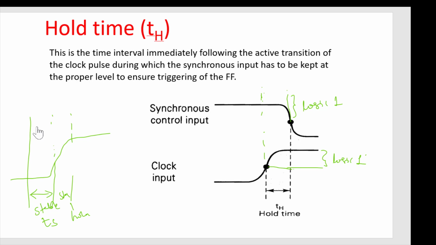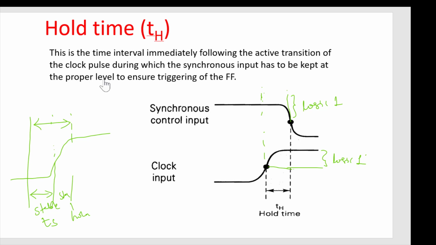So as a result your signal should be constant during this period, setup time and hold time, then only your circuit will take this input and respond appropriately. So the manufacturer will specify the amount of setup time and hold time for a given flip-flop. This is all about your setup time and hold time.